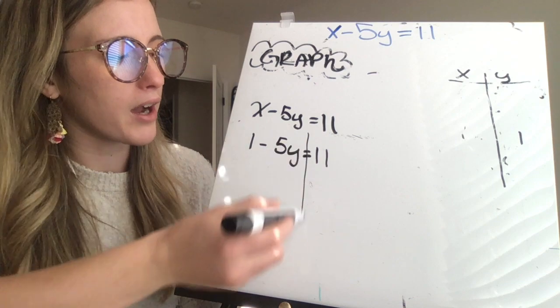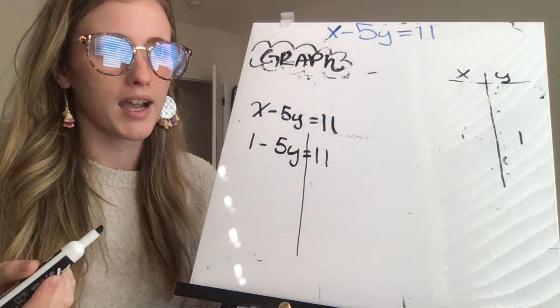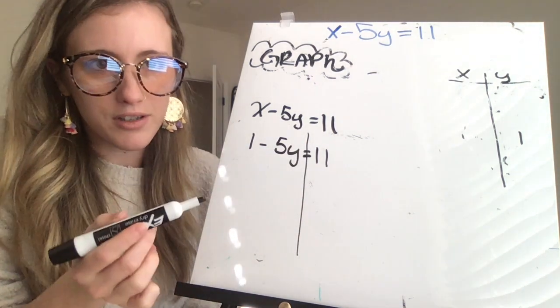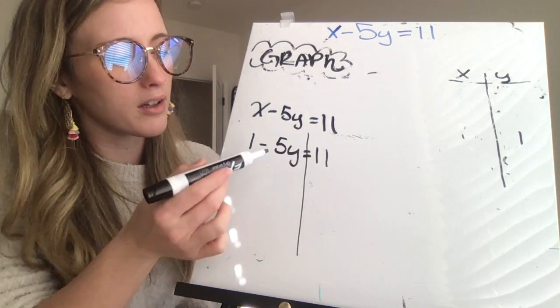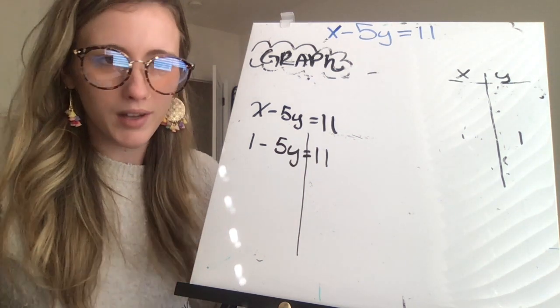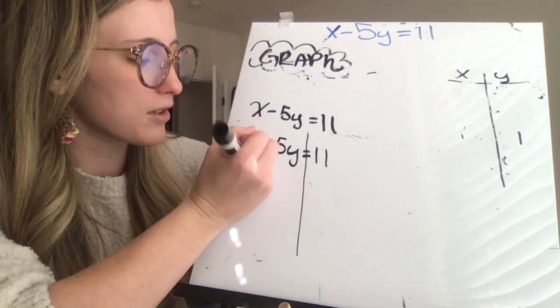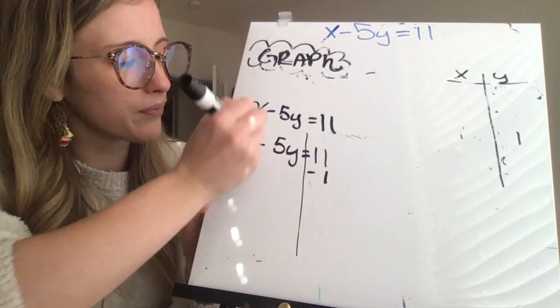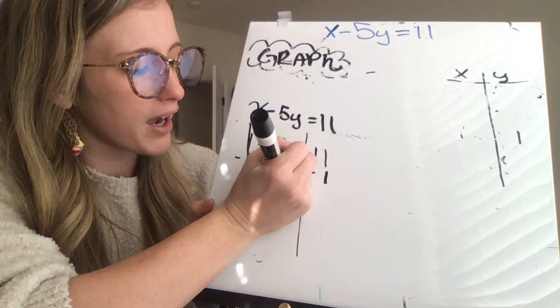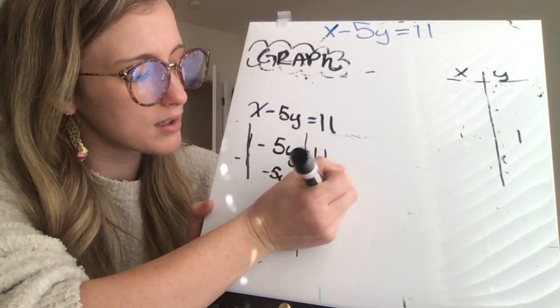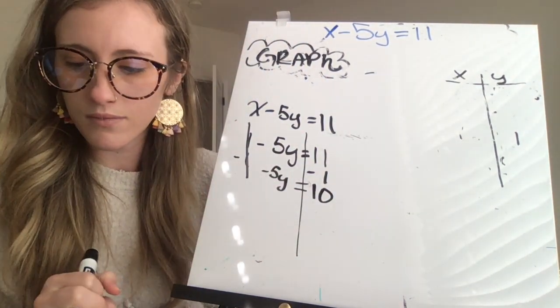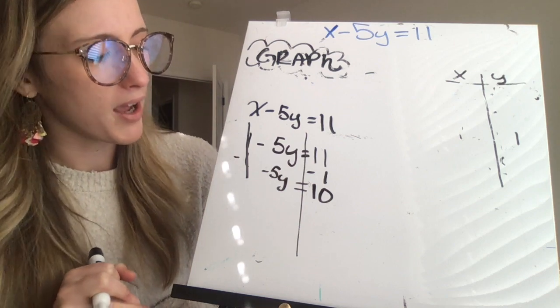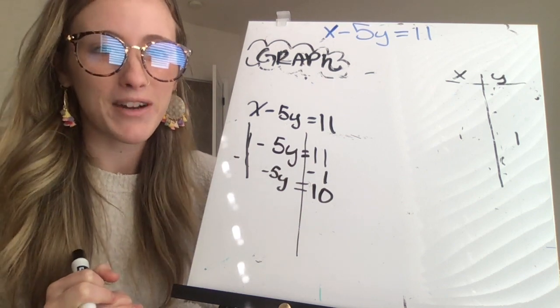We want to keep our variable on one side, and we want to move our like terms together as well. We do see this 1 is in the way. So minus 1: what you do to one side to keep balance, you do to the other. We have -5y equals 10. Our final step is to isolate that variable.